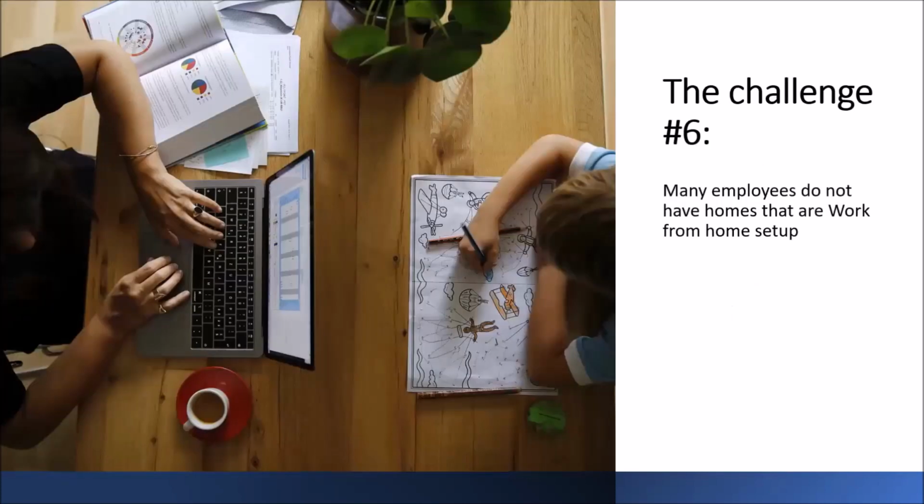The sixth one is many people say we want to work from home, but their homes are not ready to work from home. Usually people take the stand-up meetings from a dining table or some place where everybody moves around. They don't have the proper infrastructure wherein they have a dedicated room for their work.